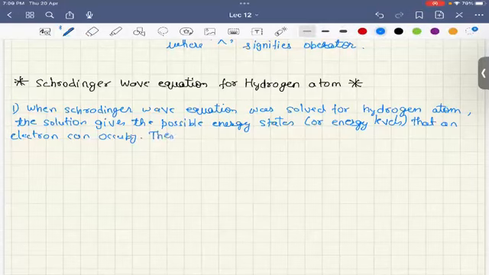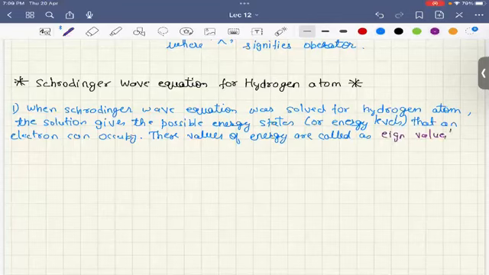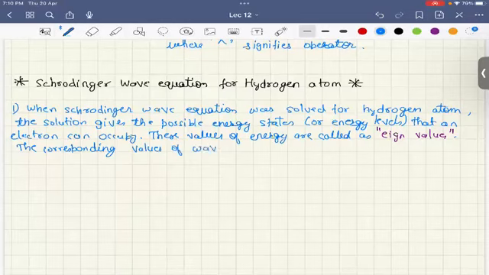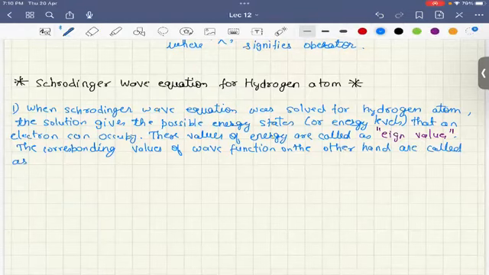And these values are called eigenvalues, right? The corresponding values of the wave function, on the other hand, are called eigenfunctions, right?